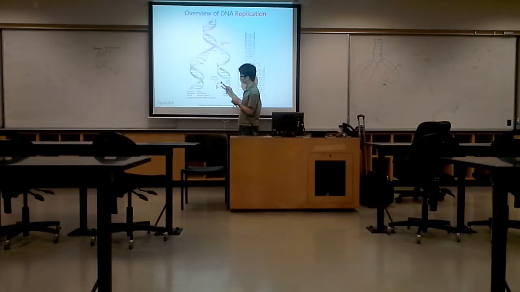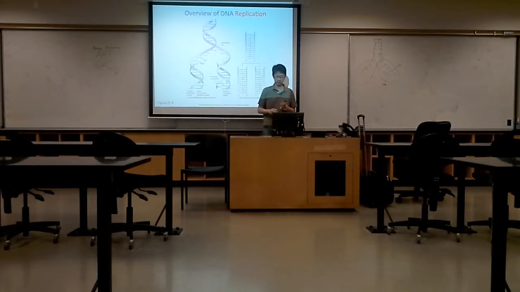The DNA polymerase will keep adding the free nucleotides according to the base pairing to make the new daughter strand. But as you can see, when they are first added, they are not connected. So what happens is that you need the third enzyme, DNA ligase, to connect the nucleotides so that they will become a continuous strand.